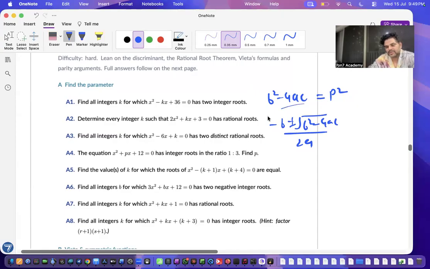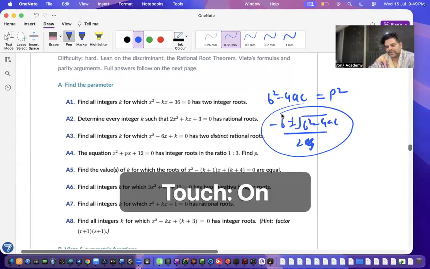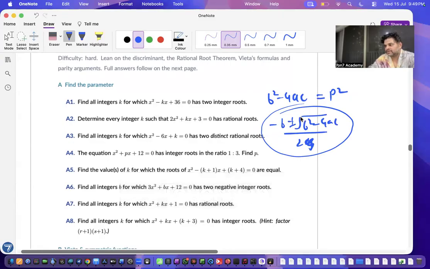Second condition is this combined has to be a multiple of 2, because a is one, this and this have to have the same parity. If you subtract, you will get an even number then na. So then only these two cancel out. So this would give you b square minus p square is equal to 4ac.